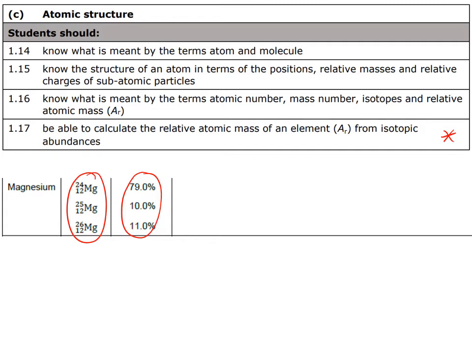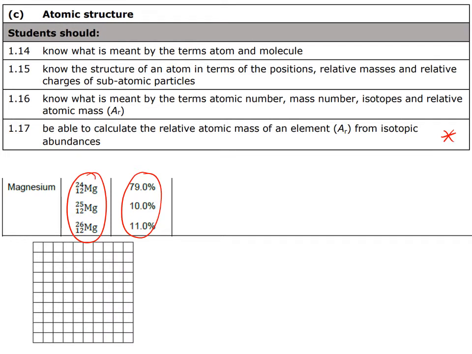I'm going to show you how to do that, and because your abundance is out of 100%, I like to think about it as we have 100 atoms. Out of those 100 atoms, 79% of those atoms, or 79 of those atoms, are Mg24.